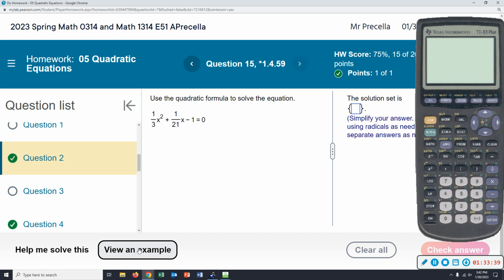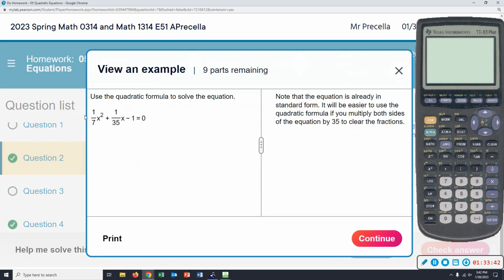Here's a viewing example: what would you need to multiply by to get both the 7 and the 35 to cancel? If you multiplied through by 7, it would completely cross-cancel with that 35.